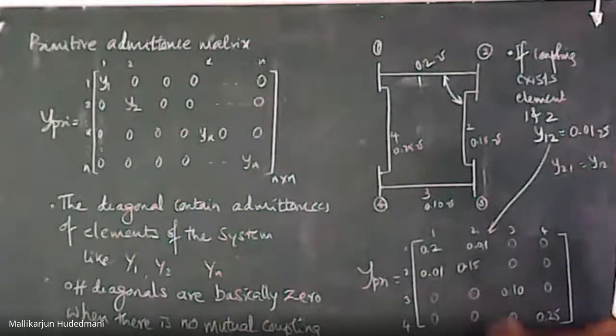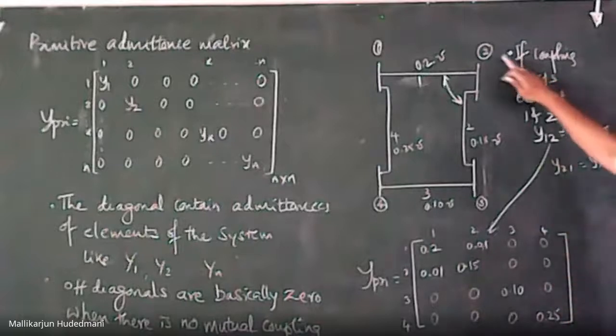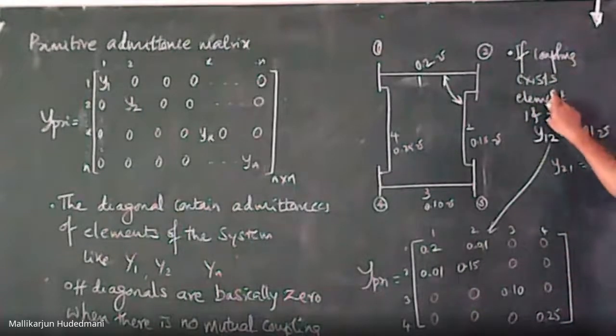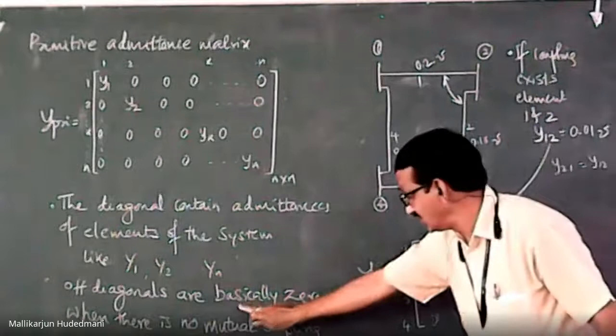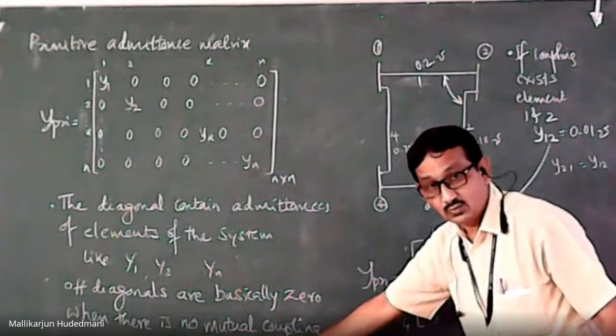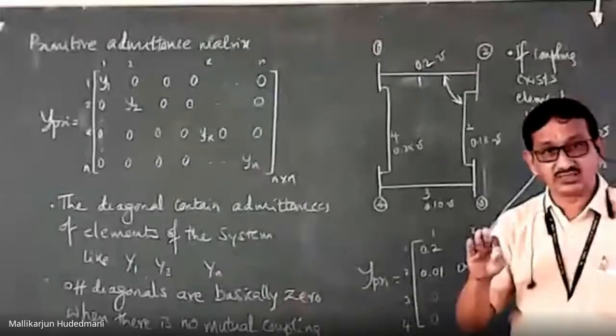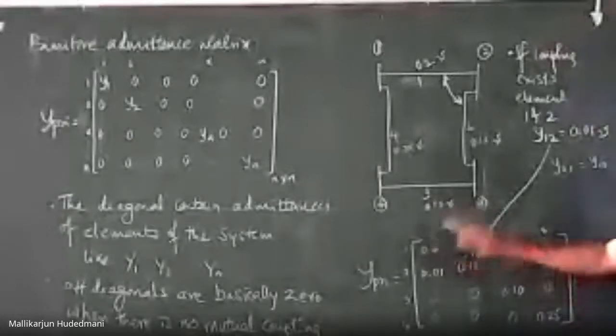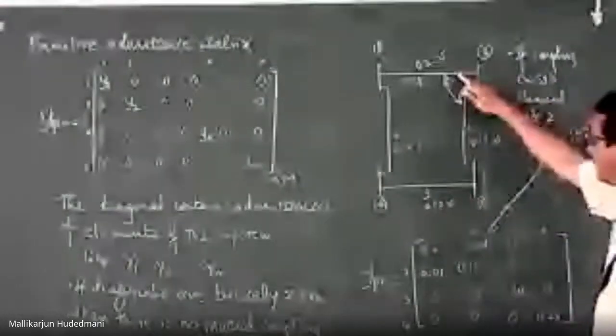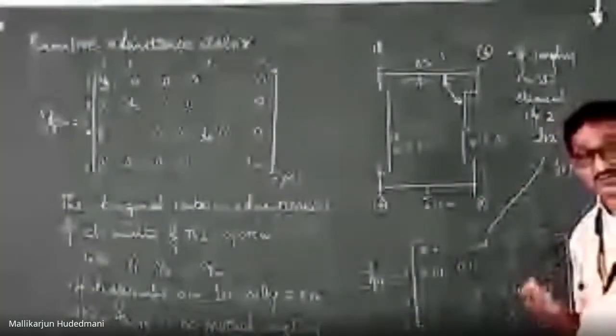Now you watch my matrix. Originally, when the coupling case was not discussed, when there is no mutual coupling, the upper triangle and lower triangle representations were perfectly 0, which I did in the original case. When I took a study, there can be a mutual coupling between any of the transmission lines in the system.